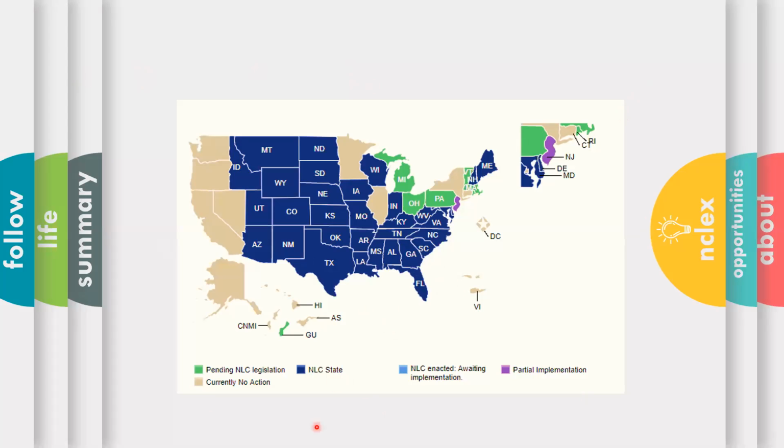And here you're seeing the nursing licensure compact. What is this and what is the significance? If you see the blue ones, those are the nursing licensure compact states.